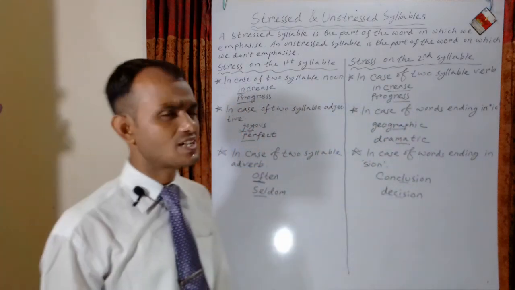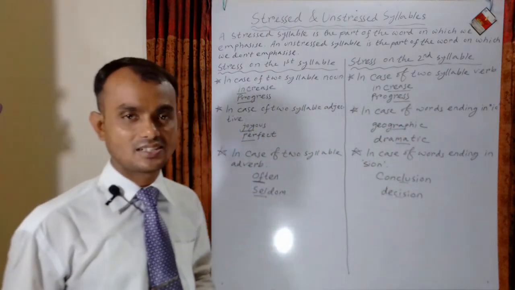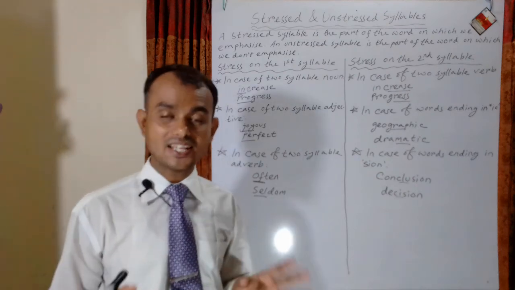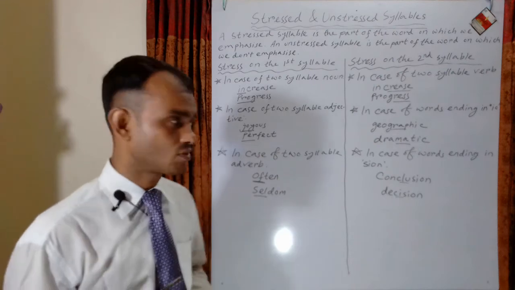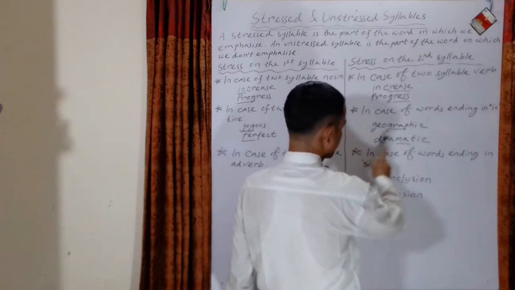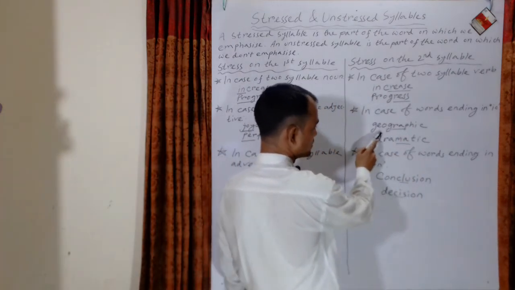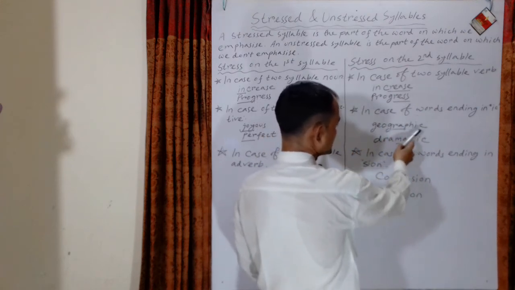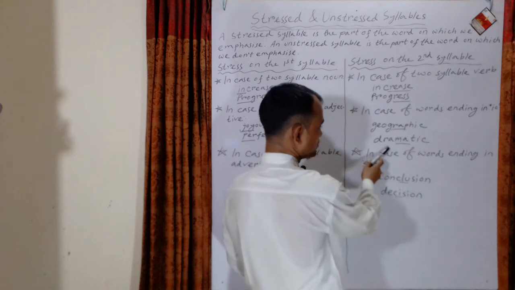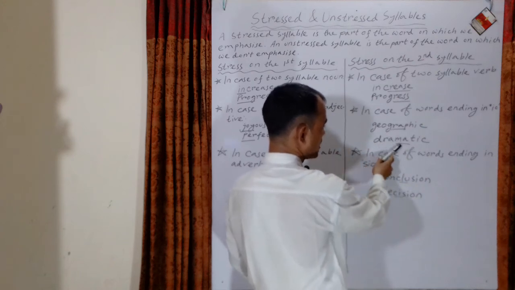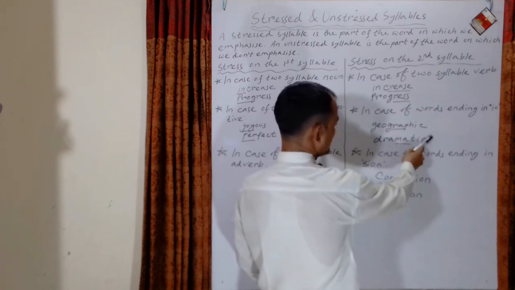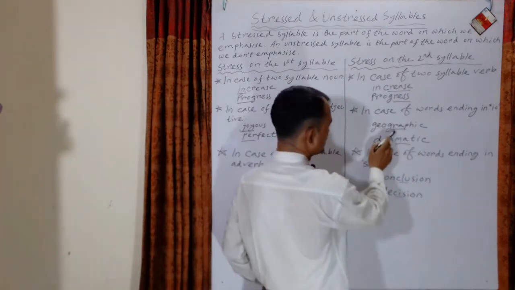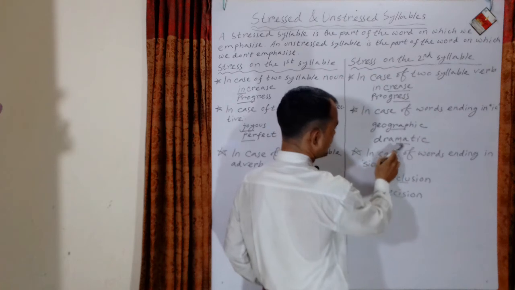Okay, in case of words ending in IC, there are some words which end in IC. We can stress on the second syllable. For example, geographic, dramatic. Look at the word geographic. There are three syllables here, and this word ends in IC. Look at the word dramatic. This word consists of three syllables, and this word ends in IC. So we should stress on the second syllable, geographic, dramatic, ma.